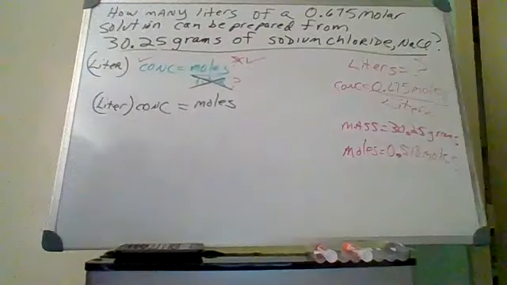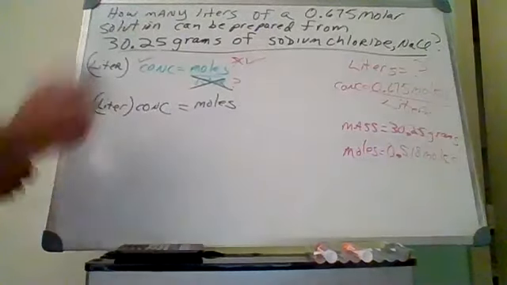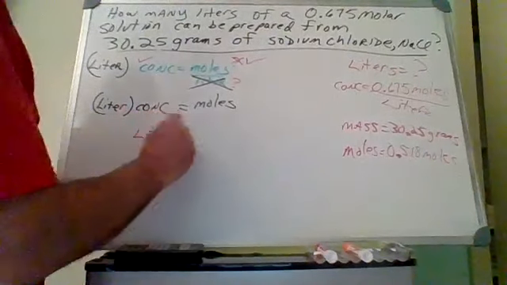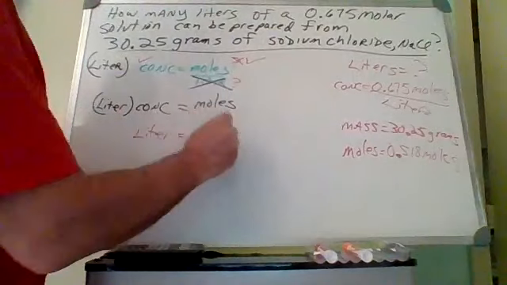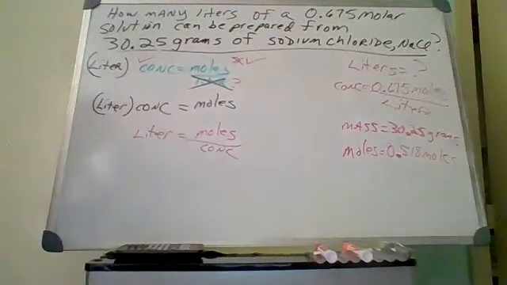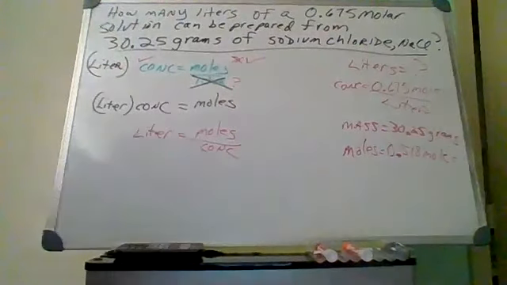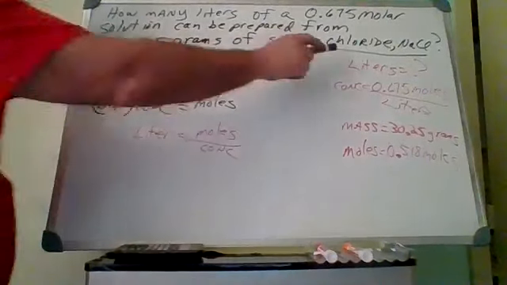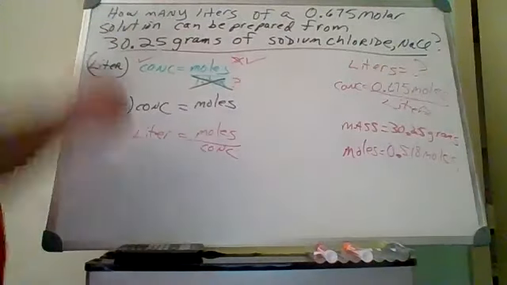Now, I really got to start crowding stuff together here. So I'll pick a different color here. So liters equals moles divided by concentration. So liters is in the numerator and it's by itself. So we can go ahead and plug the numbers in from the right-hand side.